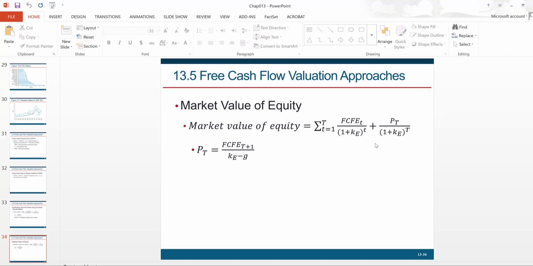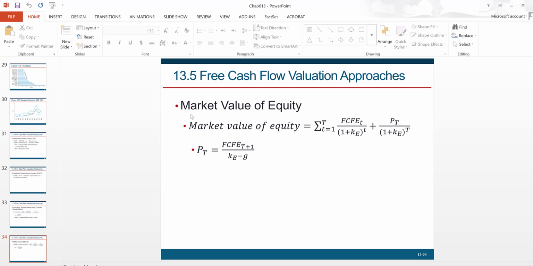Again, this is written down as a multi-stage growth model, but essentially we are simply taking the present value of future cash flows to the equity holders, and in this case what you are going to get is directly the market value of equity. All right, you get the market value of equity because you use the free cash flow to the equity holder. We don't need to make any other adjustments here.